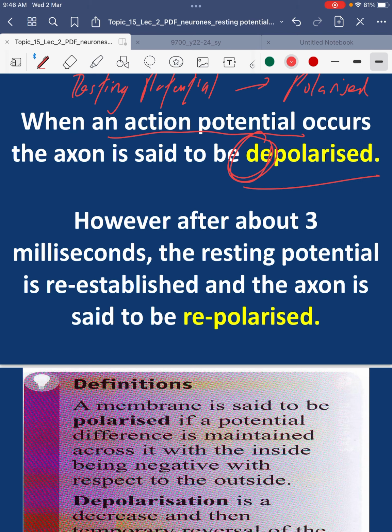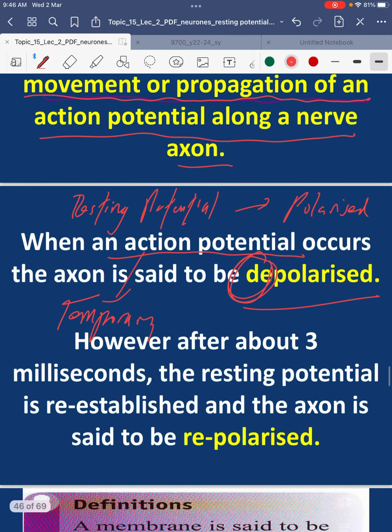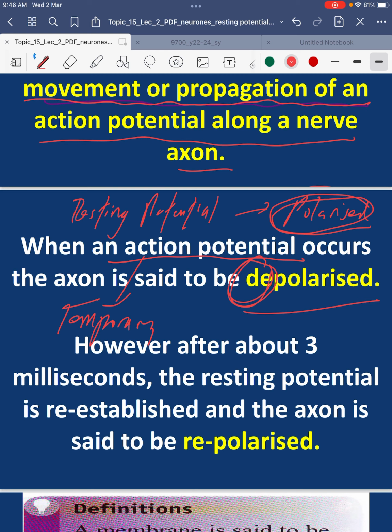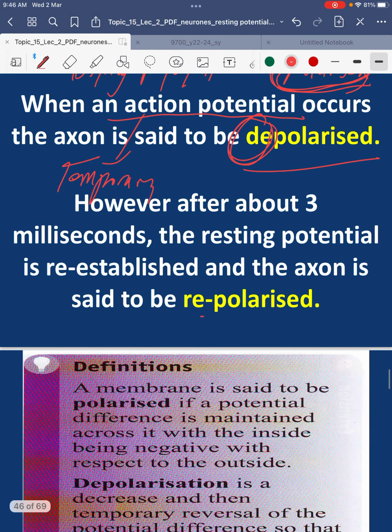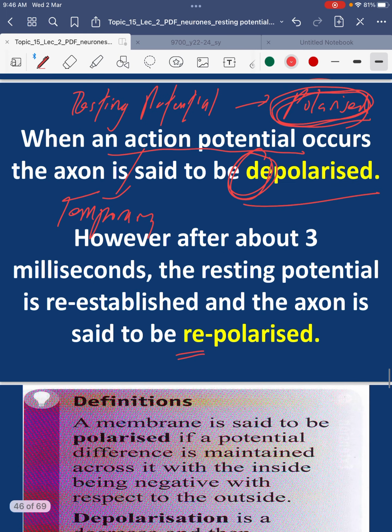Because this is only temporary, remember action potential is only temporary, so it will go back to the state of polarized. In order to go back to the state of polarized, it is repolarized. So before it's polarized, it is repolarized, and then eventually it will be polarized.